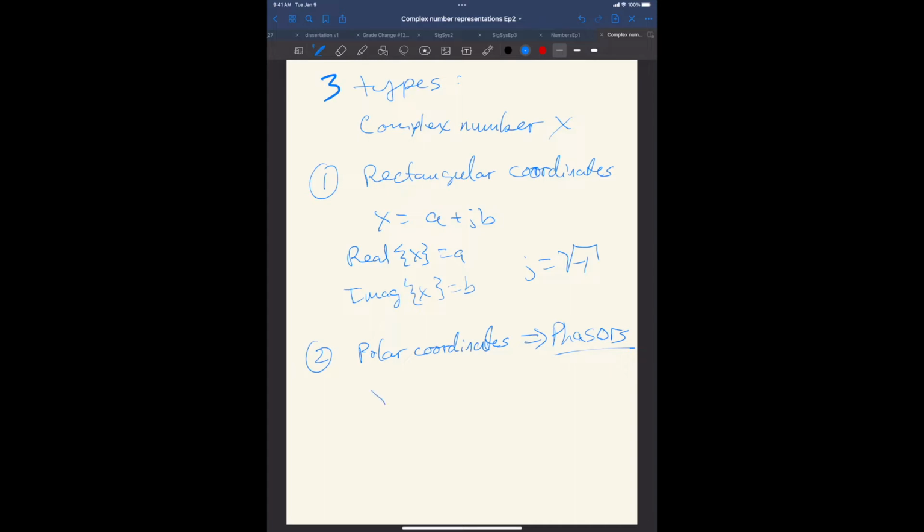With phasors, we're going to have x as r e to the j theta, and to make it work, we need the rectangular to polar coordinate transformations that you should have seen earlier in your math courses. r is the square root of the sum of the squares, and the angle is the arctangent of b over a.